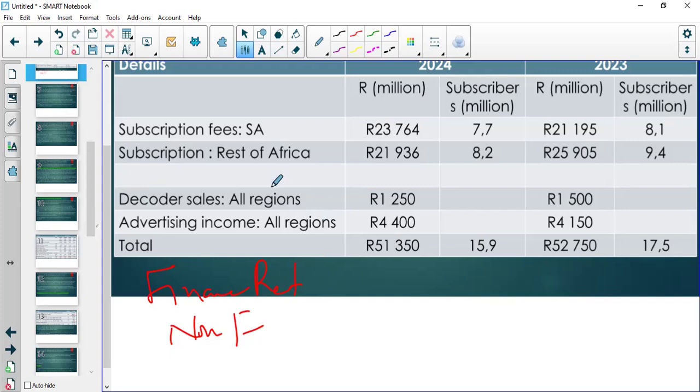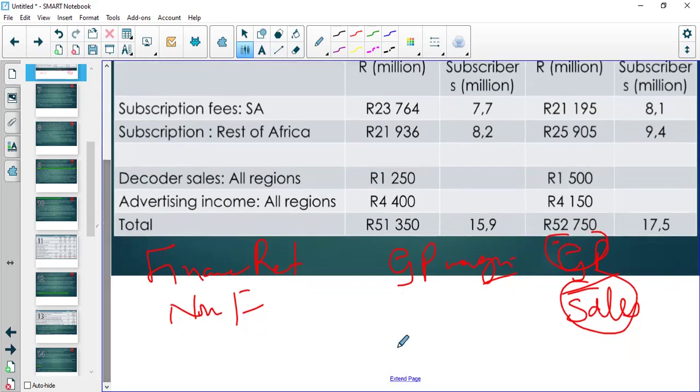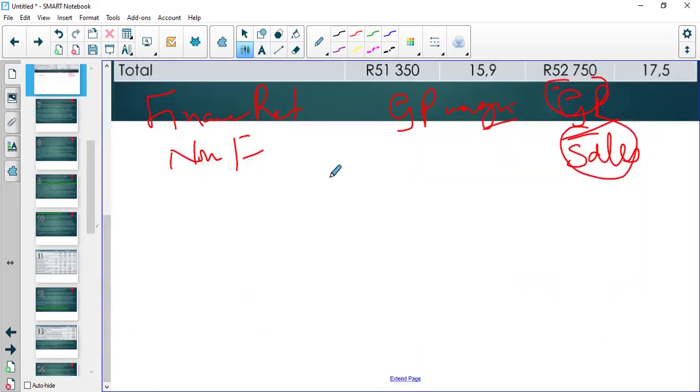All right. For example, let me talk in terms of gross profit margin. So you know that gross profit margin is going to be your gross profit over your sales, right? Now you have two variables. You have gross profit, you have sales. Now these two variables need to have a relationship, right? So how do they relate?